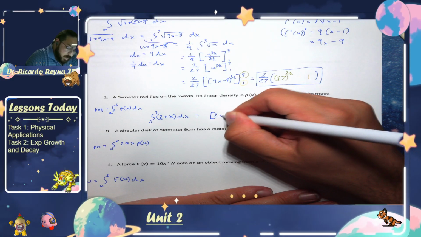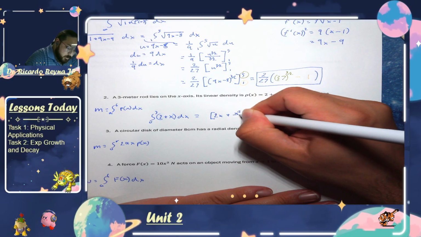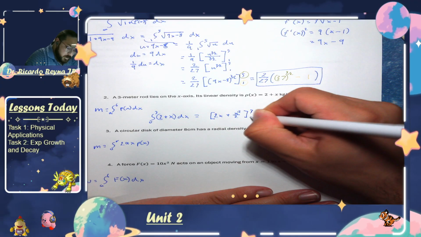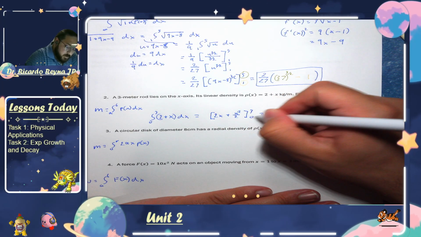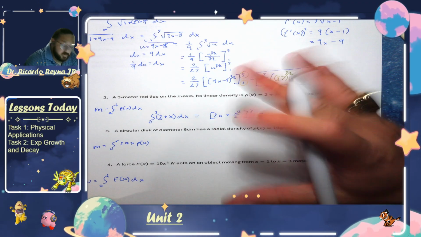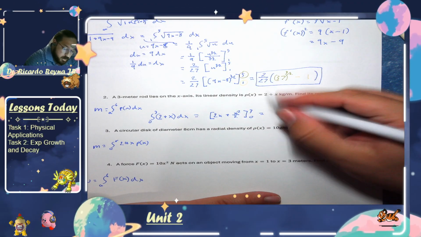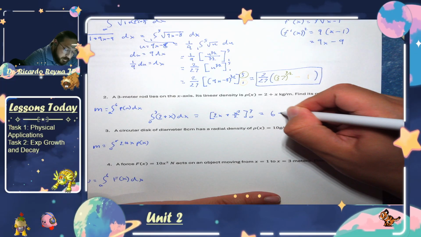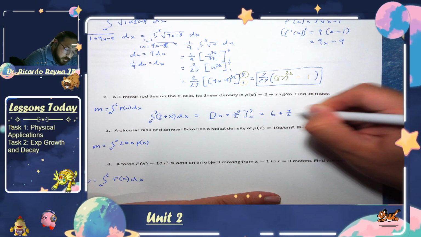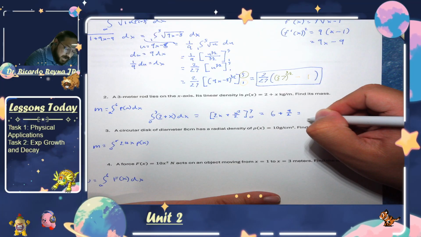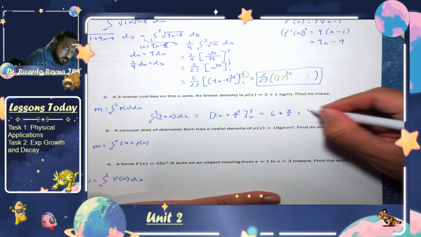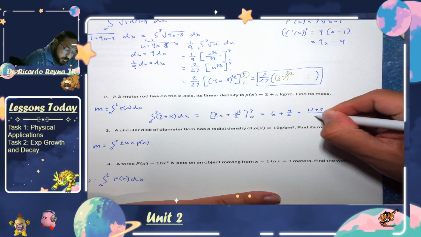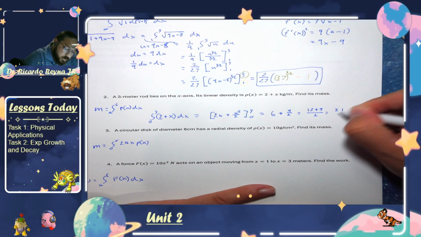We have 2x plus x squared over 2 from 3 to 0. I'm going to take advantage of the 0 zeroing those out. So just using 3 to get 6 plus 9 over 2. If I had to combine these, I would do 12 plus 9 over 2. So that's 21 over 2.